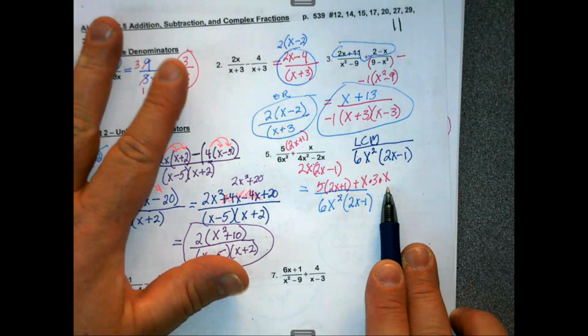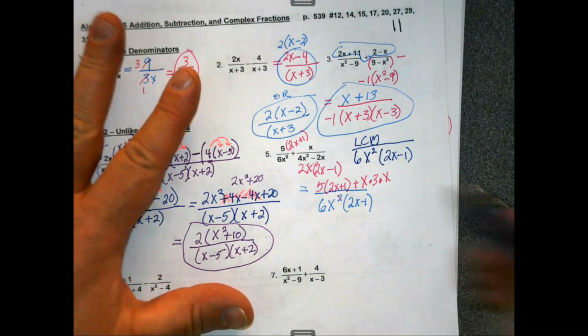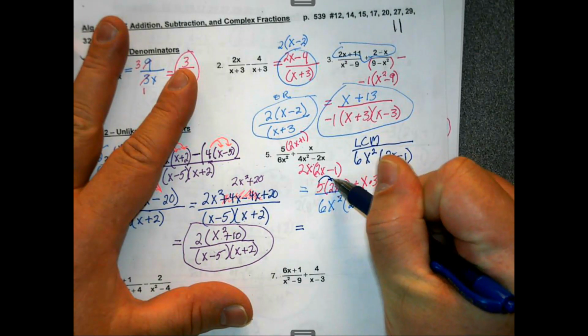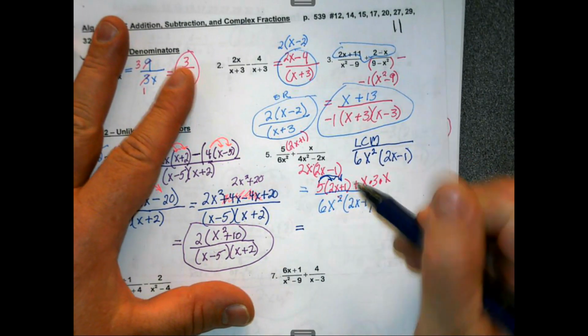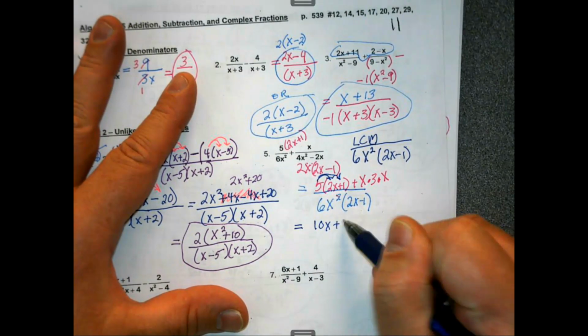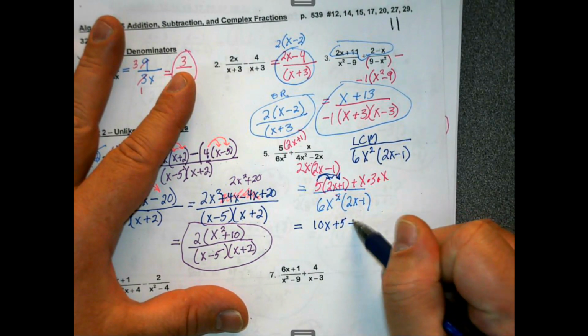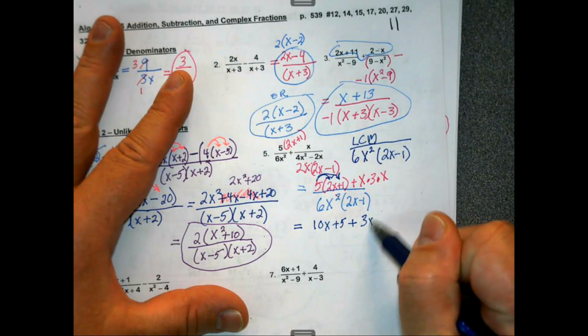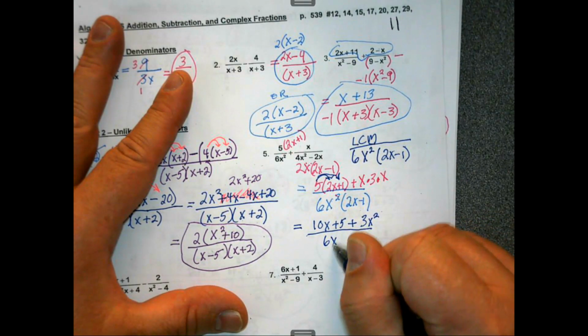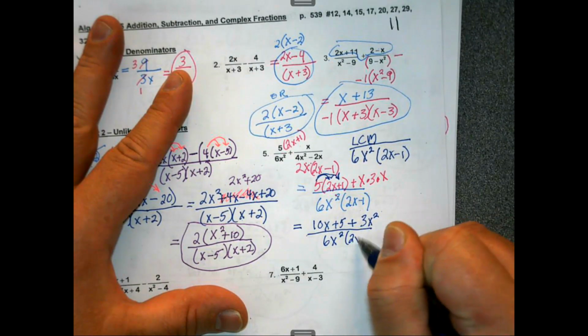Yeah, okay. I should have put another x there. Okay, so I'm going to distribute the 5. So I have 10x plus 5 plus 3x squared all over 6x squared times 2x minus 1.